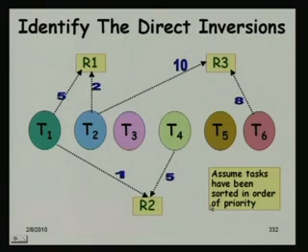Just an example here, task scenarios. We have 6 tasks and there are 3 resources R1, R2, R3, and these are the requests for different resources that can occur. T3 does not need any resource at all, T5 does not need any resource, and assume that the tasks have been sorted in order of their priority. So, T1 is the highest priority.